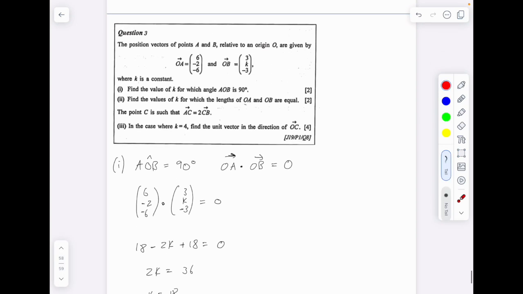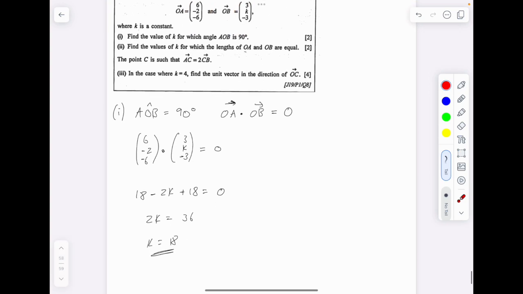Now, next question says, find the values of k for which the lengths of OA and OB are equal. So remember, how do we find the lengths? Well, we have to find the magnitudes, right? And in order to find the magnitudes, we basically have to square these, add them and square root them.